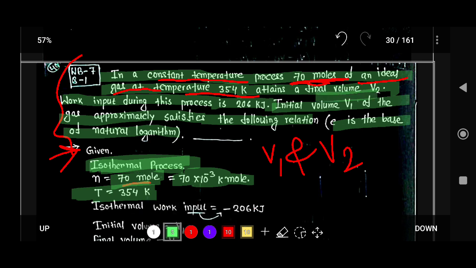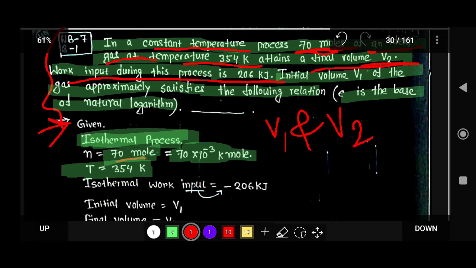It attains a final volume V2. Work input during this process is 206 kilojoule. Work input to the system is always negative. Remember this: it is the sign convention of work.